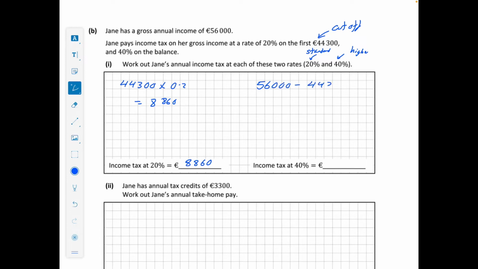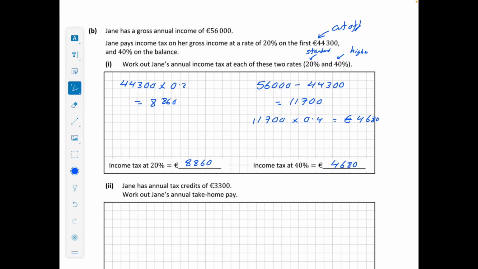So we'll subtract 44,300. So the extra bit she earns over the cutoff is 11,700, and she needs to pay tax on that at the higher rate. So on the higher rate bit, she needs to pay 4,680.